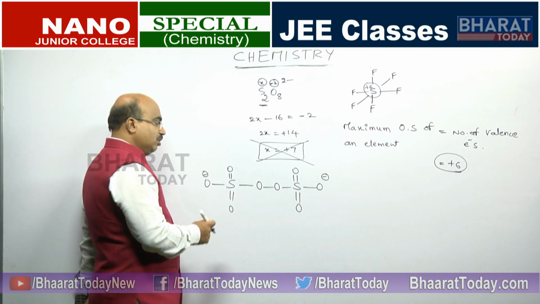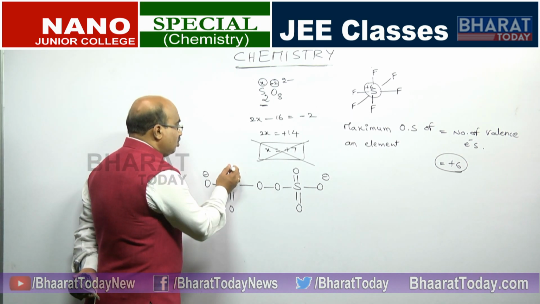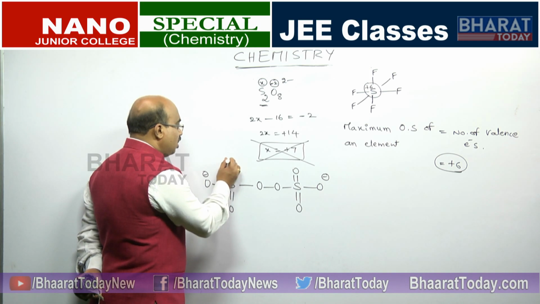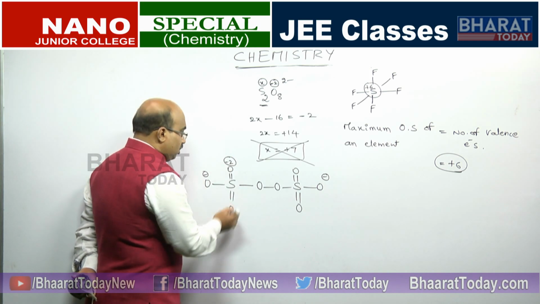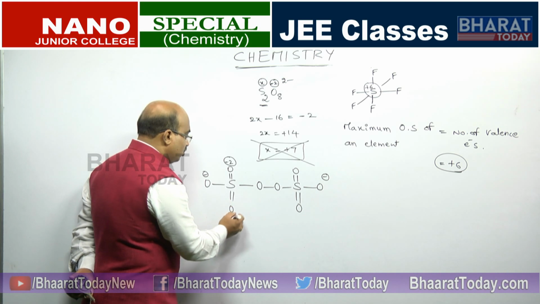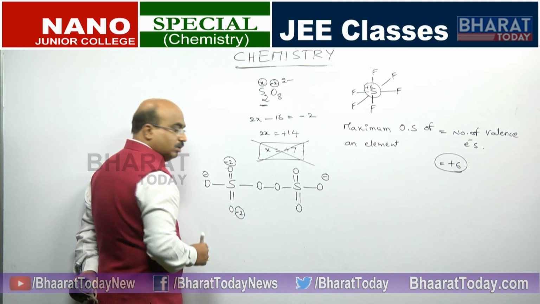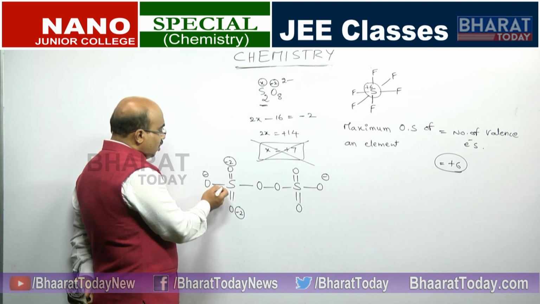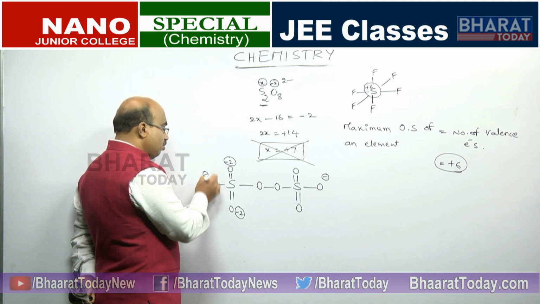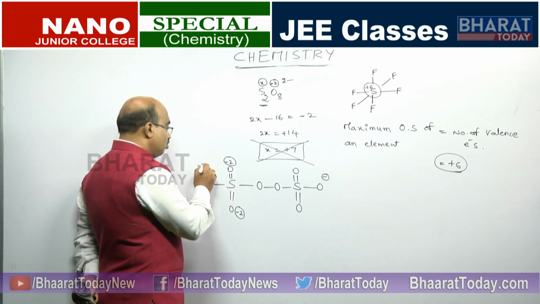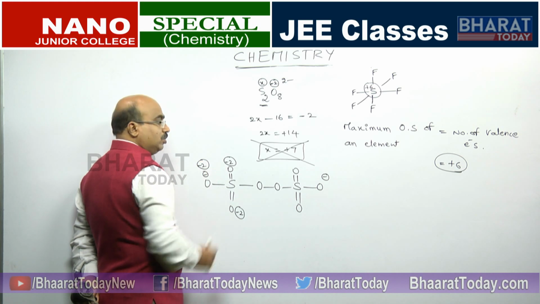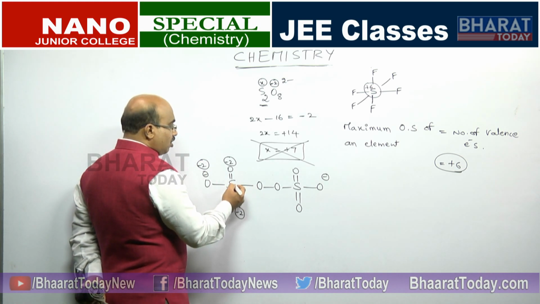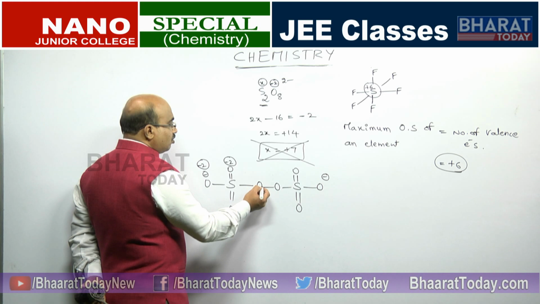So, now what it says is, this oxygen will take these 2 bonds, -2. This bond will move towards oxygen, -2. This bond moves, -1, but already -1 is there, so this is also -2. This bond moves towards oxygen, this bond moves towards oxygen.